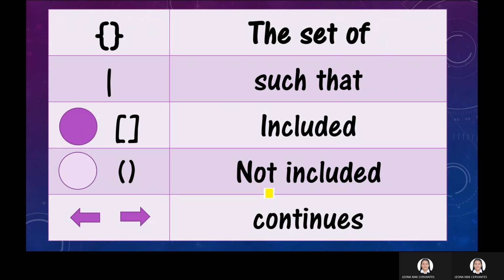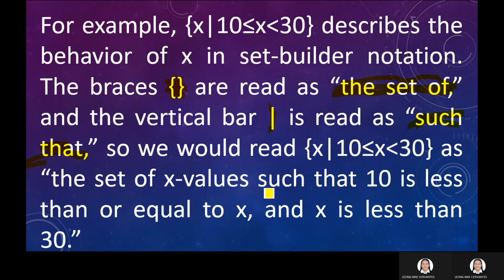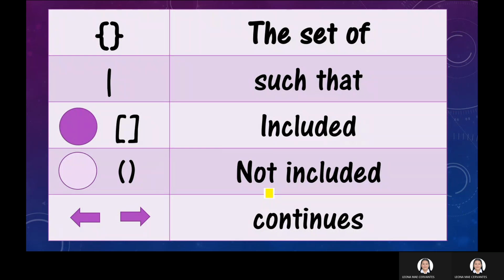For our set builder notation, terms to remember. The brackets, the set of. The vertical bar means such that. Shaded dot means included, square bracket means included.